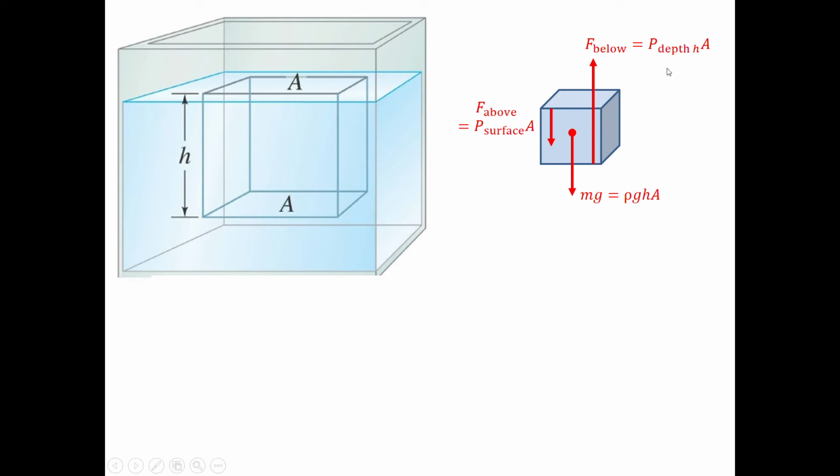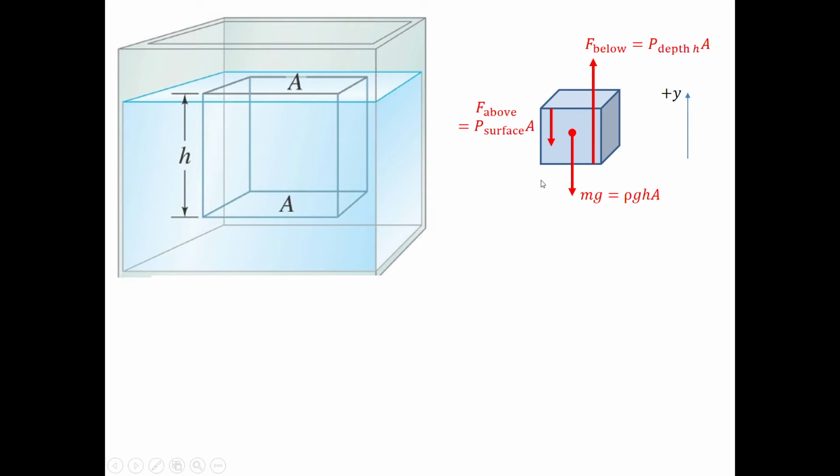Remember, pressure is force per area, so to get a force, we multiply by an area. The force on the bottom is the pressure at depth h times the area A of the bottom. Okay, and those are all the forces that are on it. Well, there are other forces that cancel each other out on the left and right and front and back surfaces. I just didn't draw those on here for economy's sake.